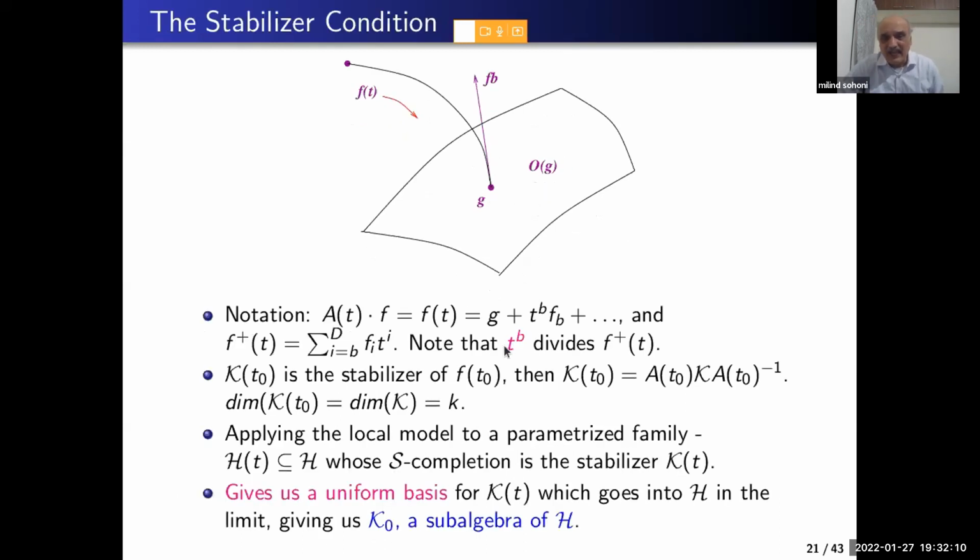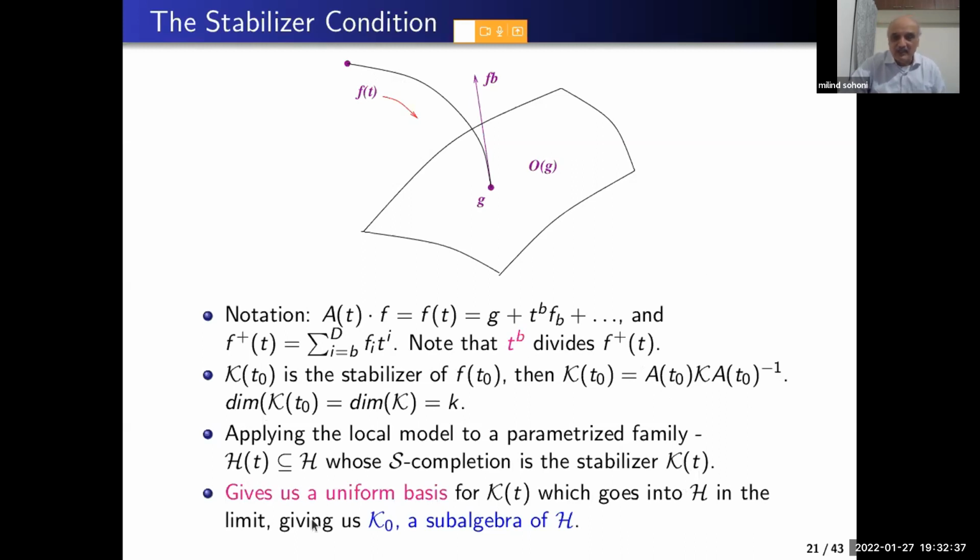Then we construct a uniform basis. We know that the stabilizer KT is just a conjugate of the stabilizer K of F, which is nothing but AT0 K AT0 inverse, just the ordinary thing. The dimension is the same for all of them, and each of these KTs has an HT whose S completion is the stabilizer.